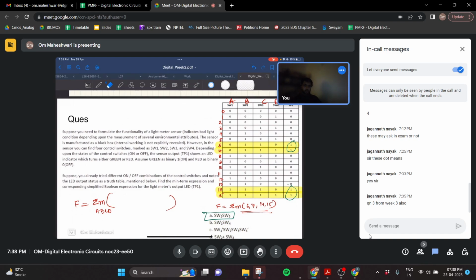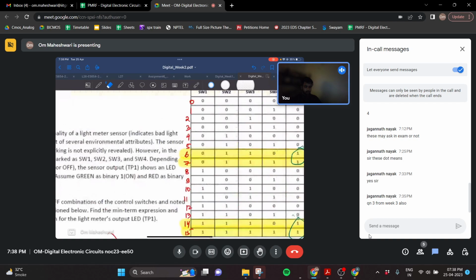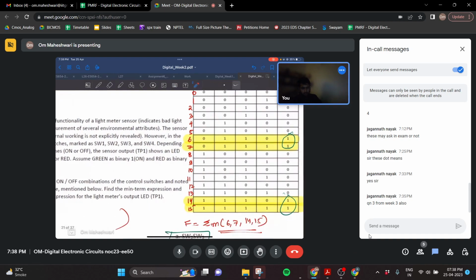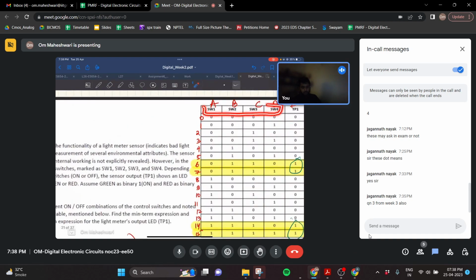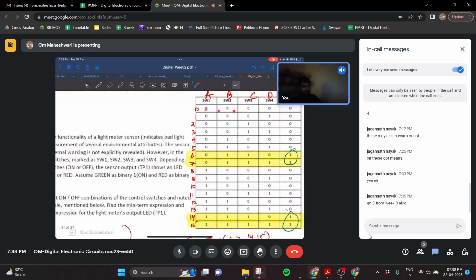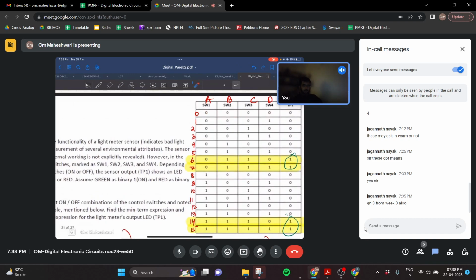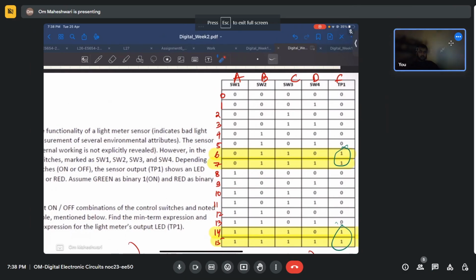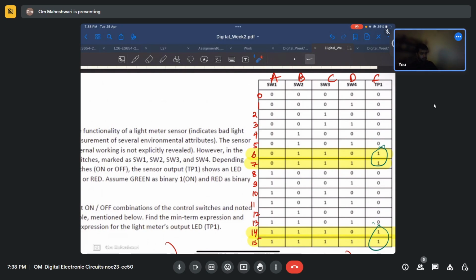So it simply means that you have four inputs, these four switches, switch 1, 2, 3, and 4, and you have one LED output. For different combinations of on and off of these switches, you have either light off, that is 0, or turning on, that is 1.